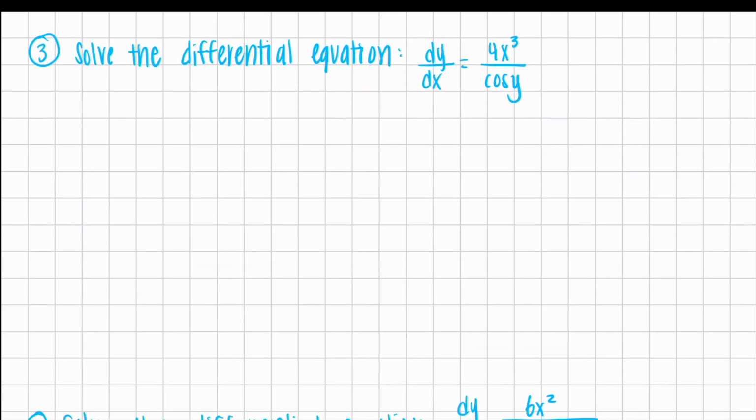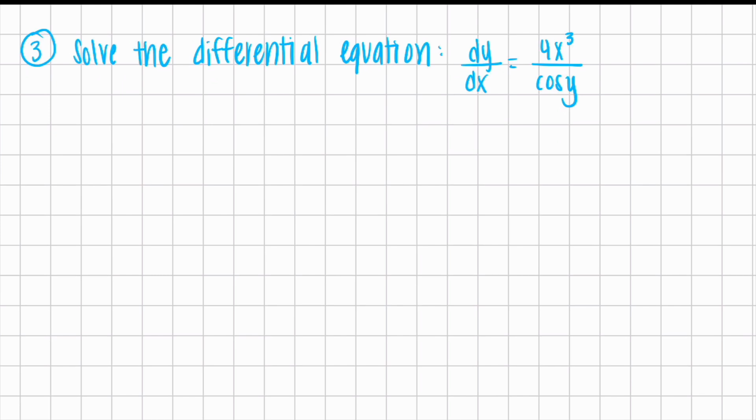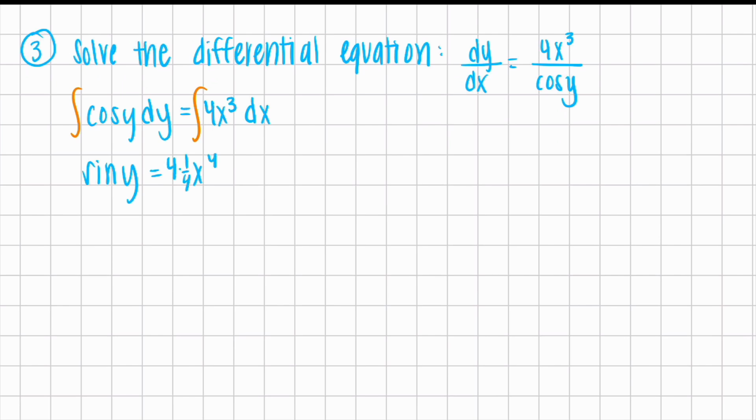We have a couple more. So for number 3, I'm going to multiply both sides of the equation by cosine of y. And I'm also going to multiply both sides of the equation by dx. Now that we've separated the variables, we can integrate both sides. On the left side, the integral of cosine is sine, so sine of y. On the right side, we get x to the 4th, and it's technically 4 times 1/4, but that equals 1, so we're just going to get rid of it, and then we have our plus c.